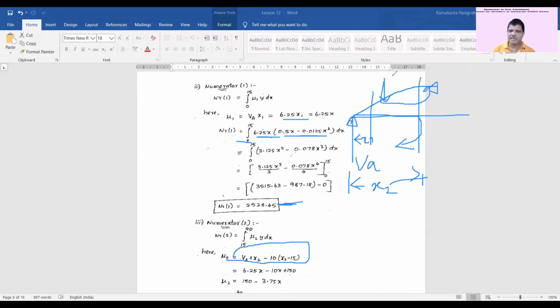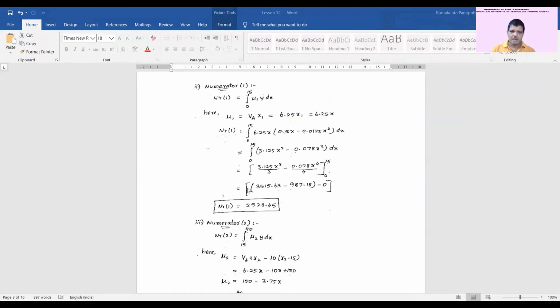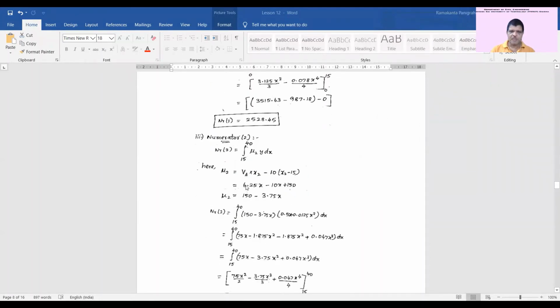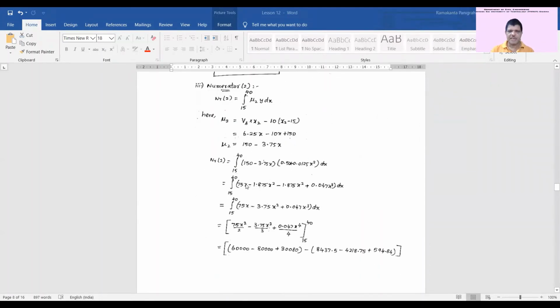This is 10, and if you take x here, this distance will be x minus 15. So that is 10 into x2 minus 15. Now put all these values. So that is the equation for this moment.